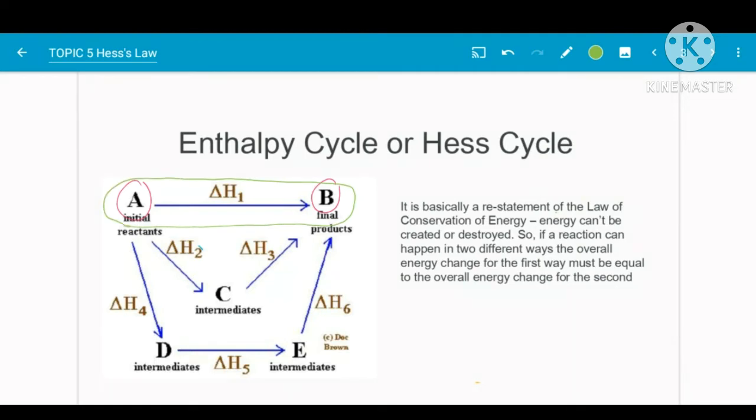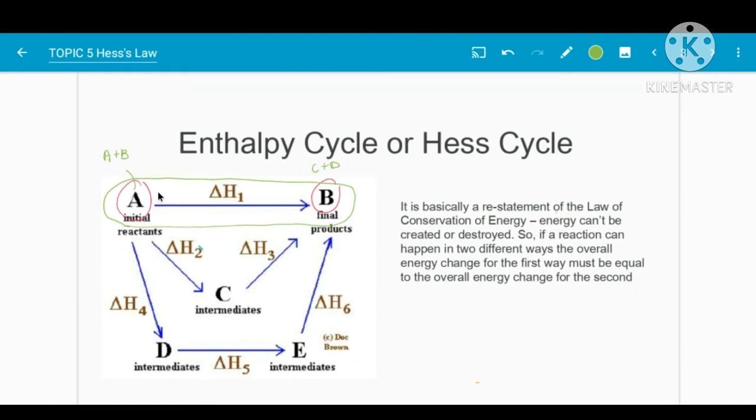Okay, inside, maybe there is a reaction between A and B, so it will produce C plus D. When A reacts with B to produce C and D, it will produce a heat change called enthalpy change 1.